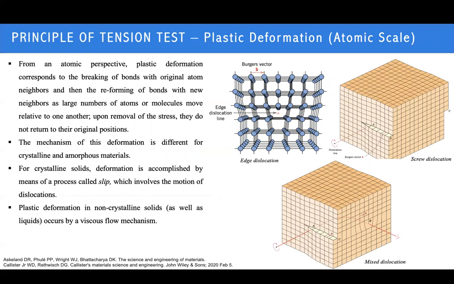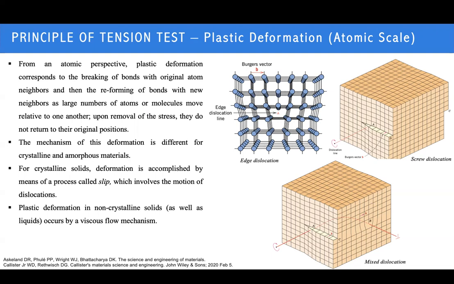So plastic deformation is the breaking of the bonds, because elastic deformation is not breaking of the bonds, but the stretching of the bonds. But in plastic deformation, we are going to break the bonds, and then there will be reformation of the bonds with neighbors, a large number of atoms and molecules.